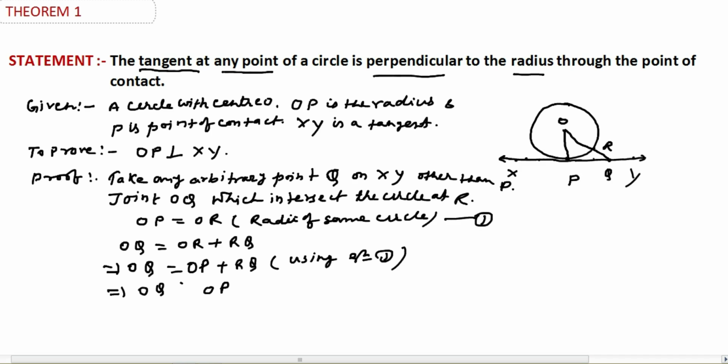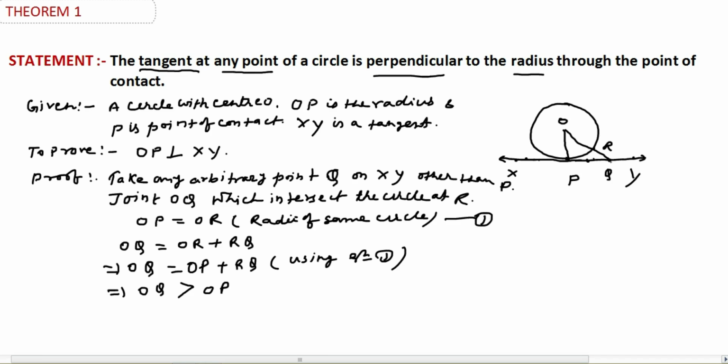So OQ is greater than OP. Since Q is an arbitrary point, wherever Q is on this line other than point P, OQ will always be greater than OP.